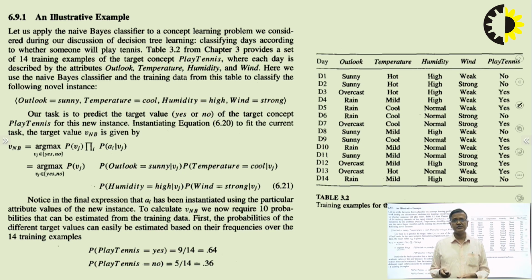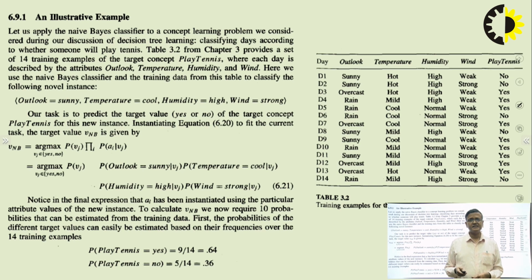Second row, wind is strong, but play tennis is no. Third row, wind is weak and play tennis is yes, so this is not our case. Fourth row, wind is weak and play tennis is yes. Fifth row, wind is weak, play tennis is yes. These again are not our cases. Then the sixth row, wind is strong and play tennis is yes. So this is our case. This is the first instance.